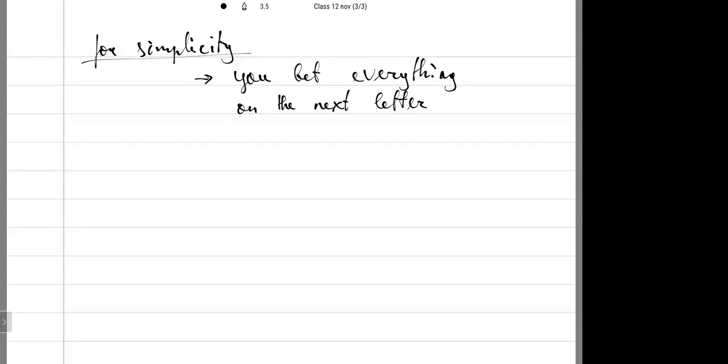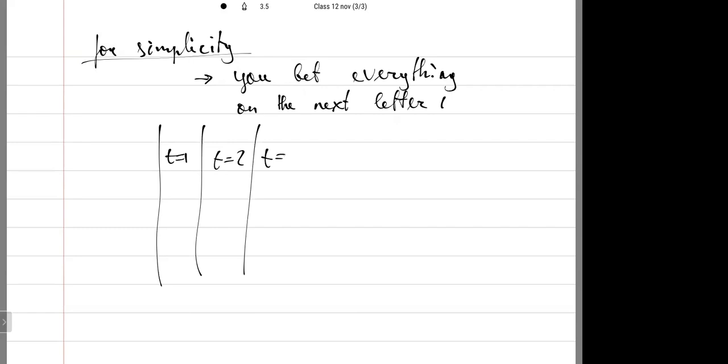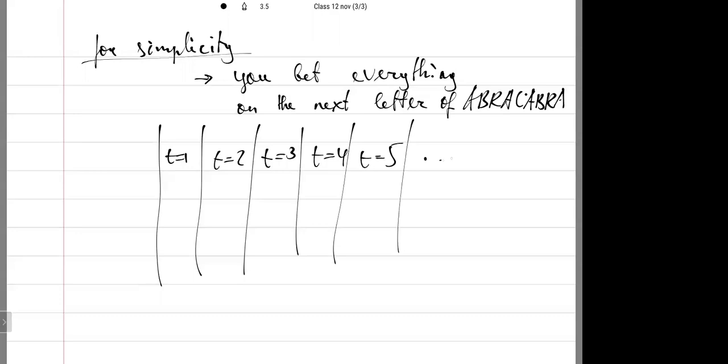So imagine this: t equal to 1, t equal to 2, of the next letter of abracadabra. T equal to 3, t equal to 4, t equal to 5, and so on. The first guy enters at the first moment of time.